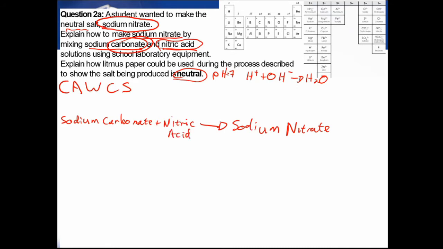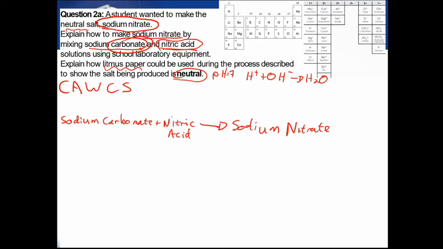Okay, so you're going to take the sodium carbonate and you're going to make a solution of the sodium carbonate. And then you're going to add nitric acid to the sodium carbonate. But you would probably have a universal indicator in there so that you can see when it turns green. Now, to confirm that it's green, and if you wanted to use litmus paper, you know that in a neutral situation, red litmus paper will remain red and blue litmus paper will remain blue. So you have to test with both of them.